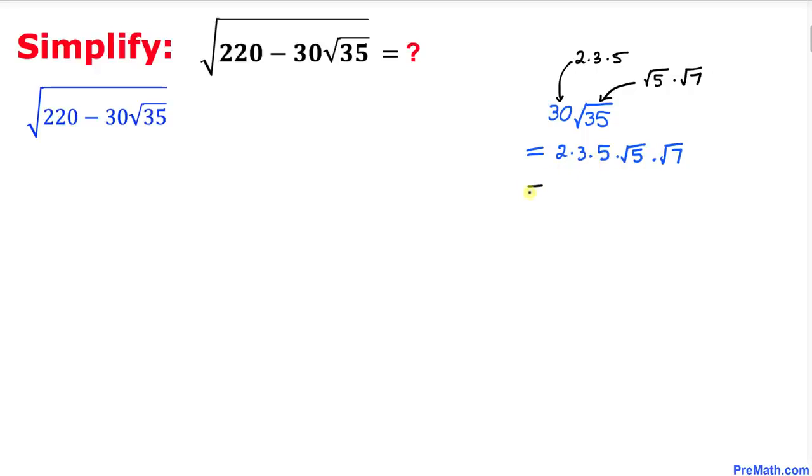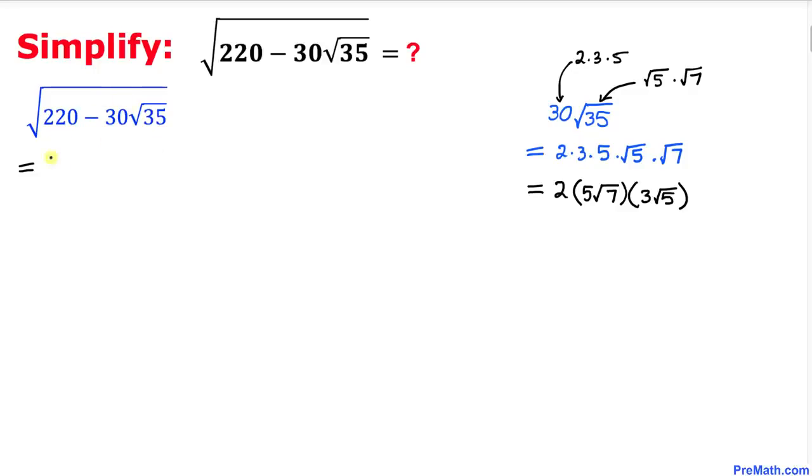I can write this one as 2 times, and then I'm going to write down 5 times square root of 7. That means I have connected these 5 and square root of 7, and likewise I'm going to connect this 3 times square root of 5. Now let's go ahead and revert back to our original nested radical problem.